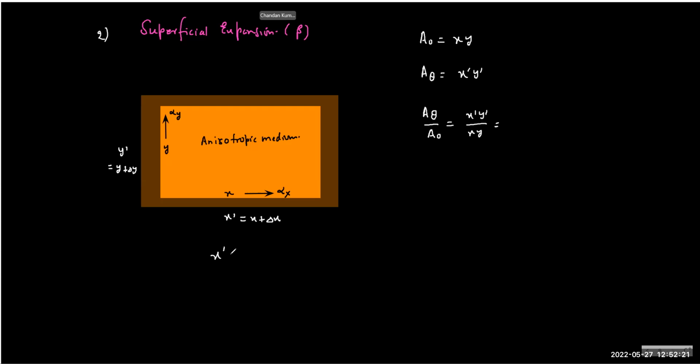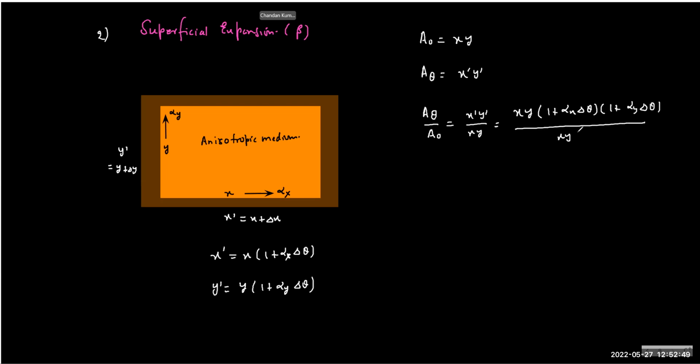So in fact, you can write x dash equals the old length into 1 plus alpha x delta theta, and y dash equals the old width into 1 plus alpha y delta theta. Understood. So if you substitute here, the A theta becomes how much? You just need to expand.